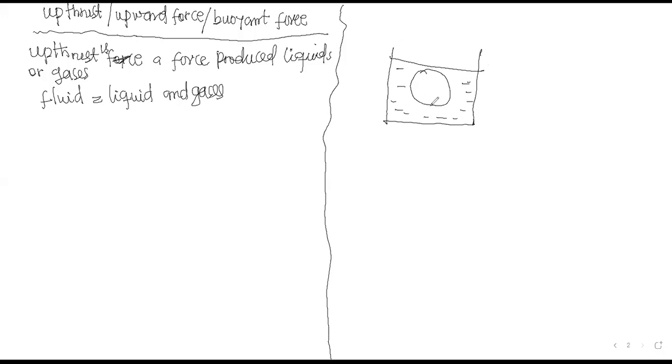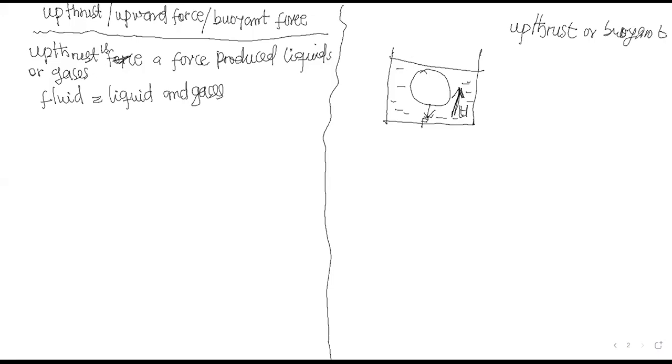So this is the force exerted on the balloon. But the moment you take your hands off, you realize that there's a certain force in the water which is always trying to push objects out. This force is the upthrust, or the buoyant force.